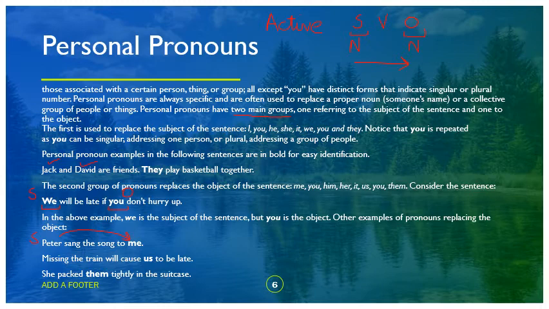So here the action is transmitted from one person to the other. Missing the train will cause us to be late. Now this is an action that is impacting the people who are talking about this. She packed them tightly in the suitcase. Now here suitcase is mentioned, so it is automatically understood that they are talking about the belongings that she is packing in the suitcase.